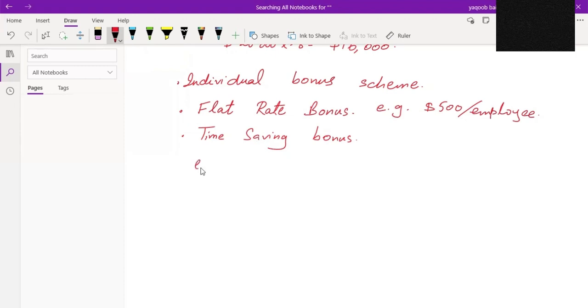For example, time to produce one unit is 25 minutes. 25 minutes means 0.5 hours.